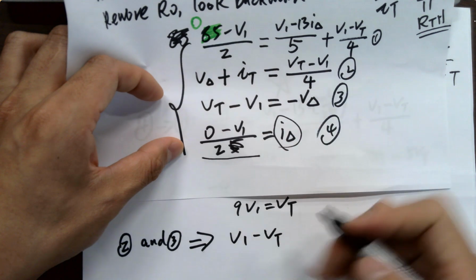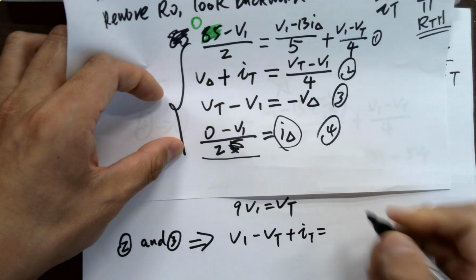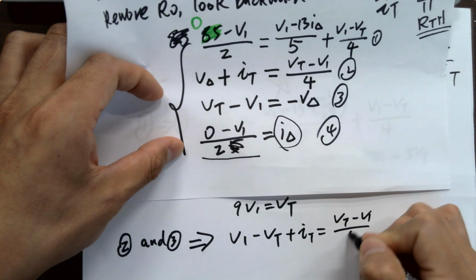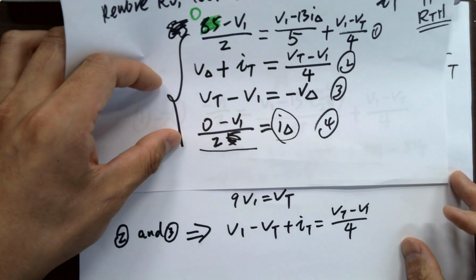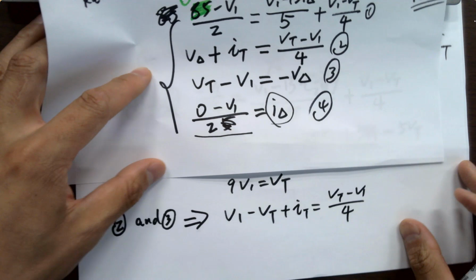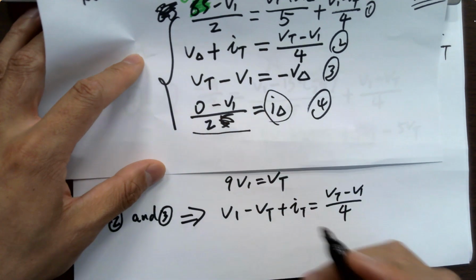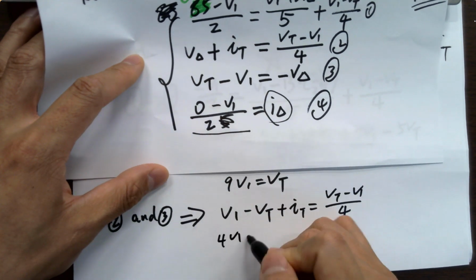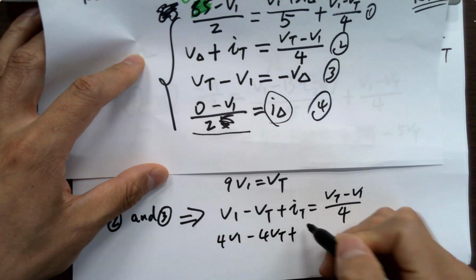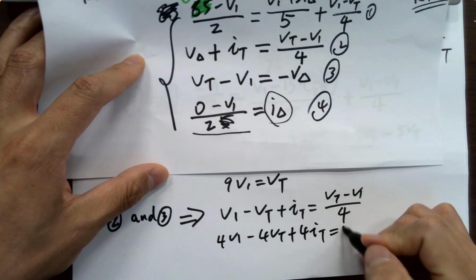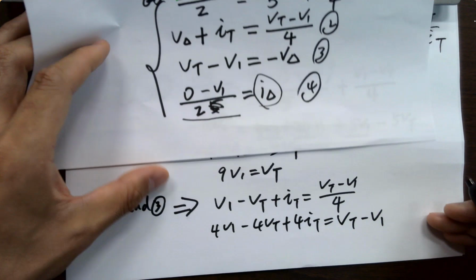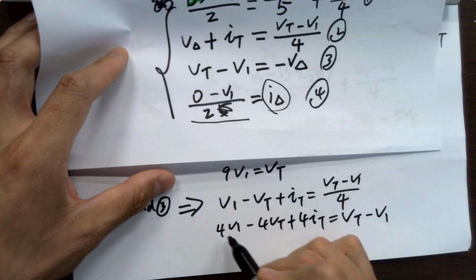Plug in. Times 4 on both sides. Move over.